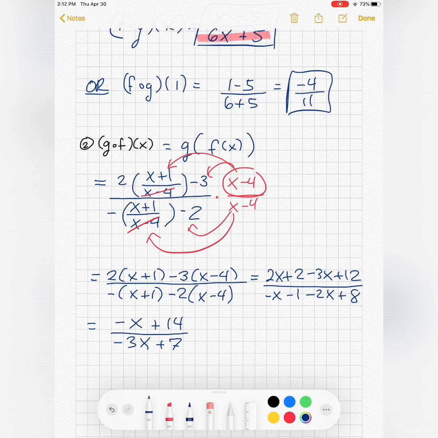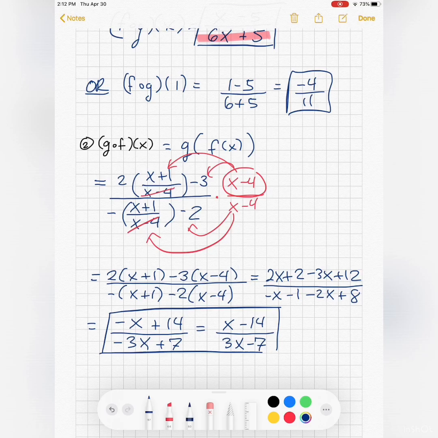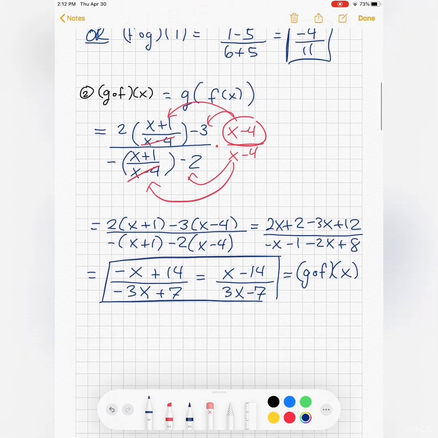I could leave it like that, or I could multiply the whole top and bottom by negative 1. That would be an equivalent answer. I could really write either of those. And so that's the g of f of x composition.